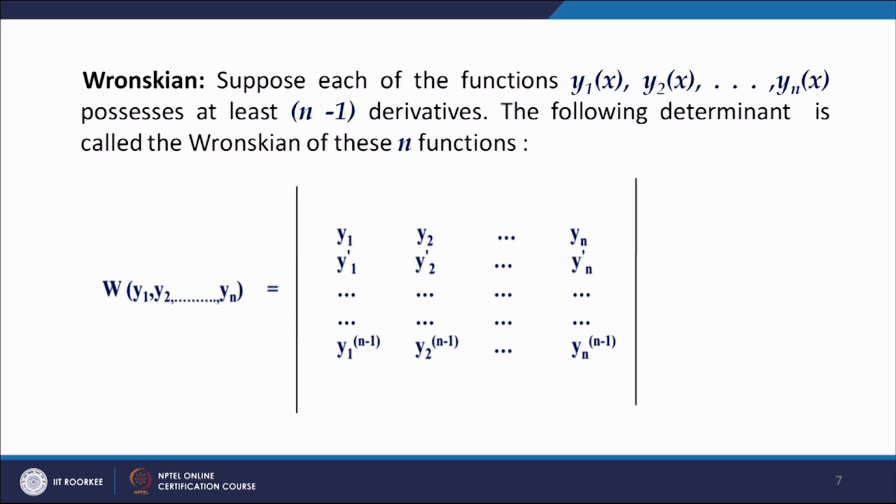In the first row we have y1, y2, ..., yn, the second row has first order derivatives of y1, y2, ..., yn, and the last row has the n minus 1th order derivatives of y1, y2, ..., yn.